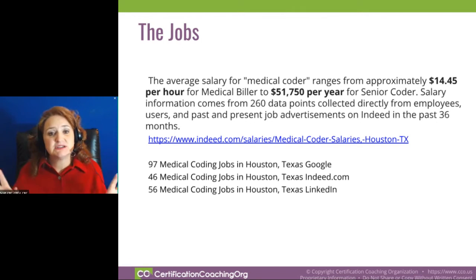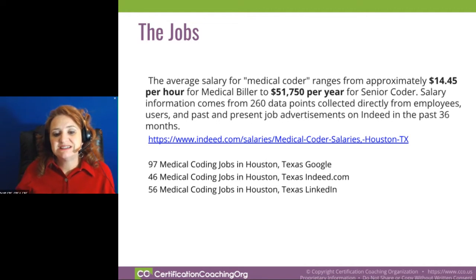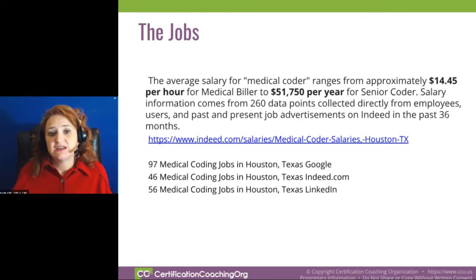Now that's not specialties or levels or anything like that, so it's probably a lot more. Then Indeed came up with 46 medical coding jobs in Houston within the last 30 days. LinkedIn also had a list and said they had 56 jobs in Houston.